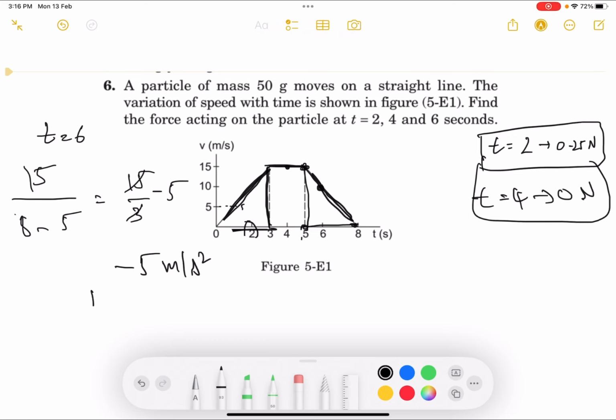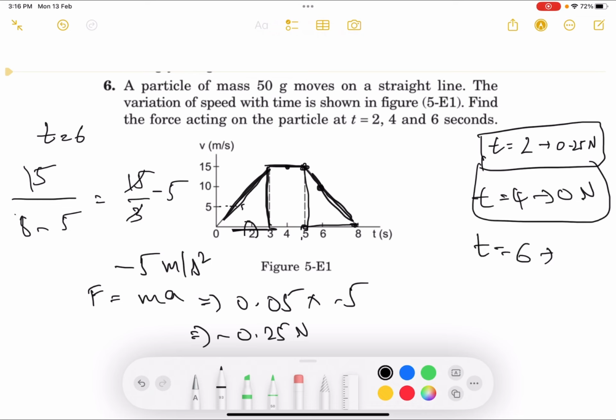Now if you calculate F is equal to ma, which implies that 0.05 into minus 5, which is basically minus 0.25 newtons. So the force being applied on the object at the 6th second is basically 0.25 newtons, but in the opposite direction, because it is a negative force.